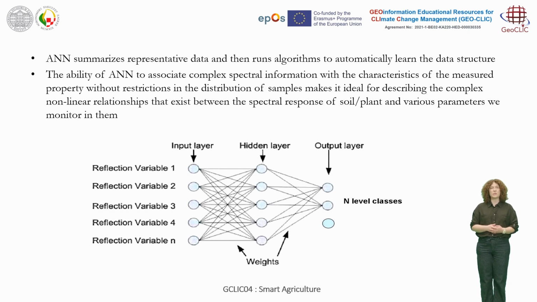That's the ability of ANN to associate complex spectral information with the characteristics of the measured property without restrictions in the distribution of samples. Because of that, it is ideal for describing complex nonlinear relationships that exist, especially in agroecosystems and in nature, where we have numerous factors which can make the situation nonlinear.